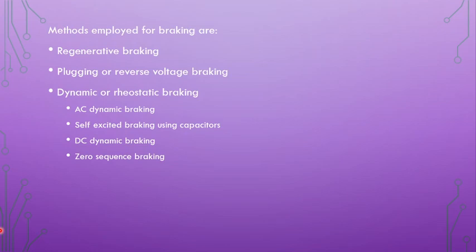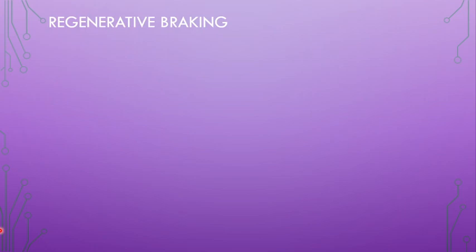and let us look at the different methods of braking one by one. We will begin with regenerative braking. As the name suggests, while reducing the speed of the motor, either by deceleration or by applying the load or trying to stop the motor, we have to harness its kinetic energy and deliver it back to the supply in the form of electrical energy.